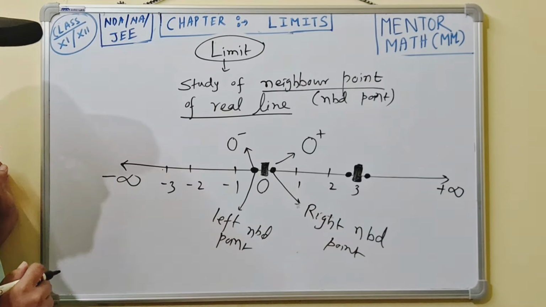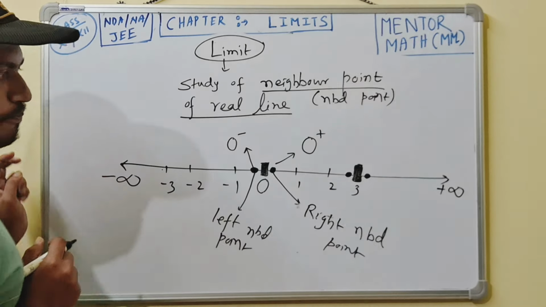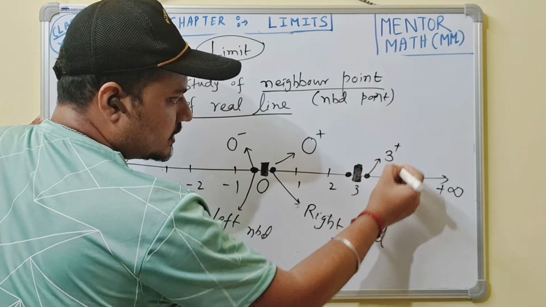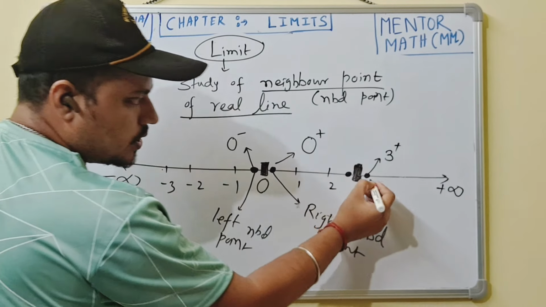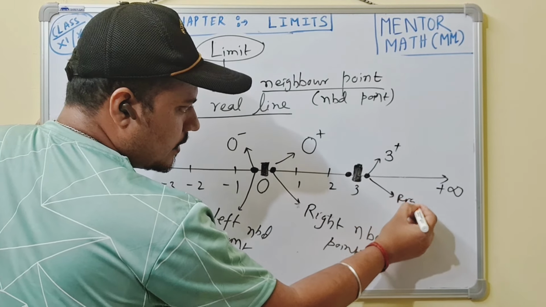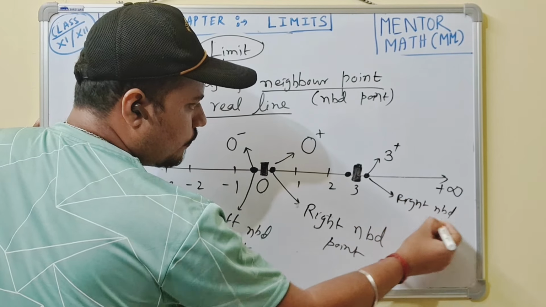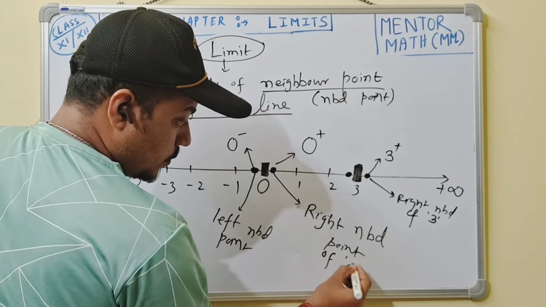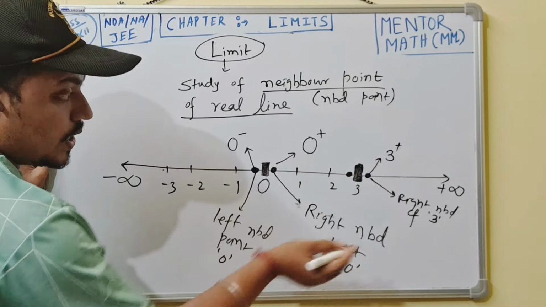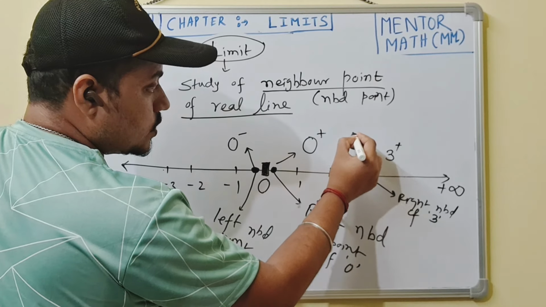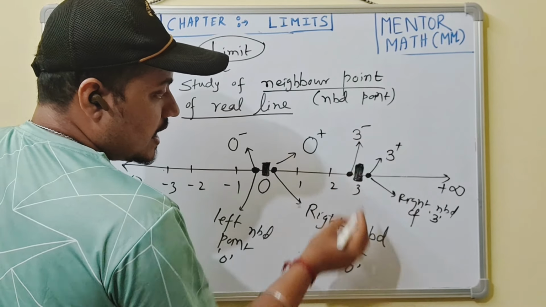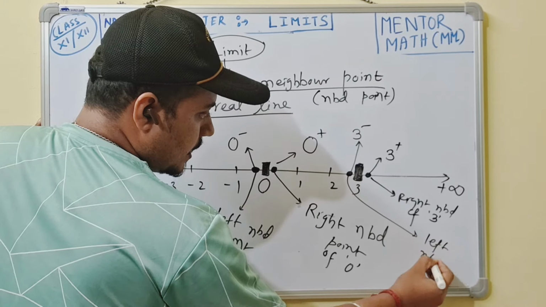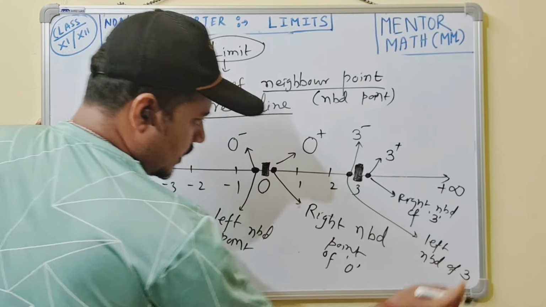This is denoted by 3 plus, the right neighbor of 3, and 3 minus, the left neighbor of 3.